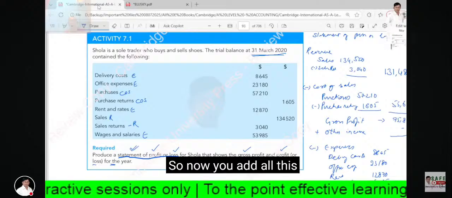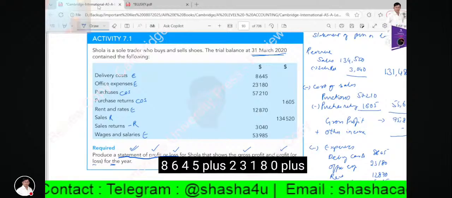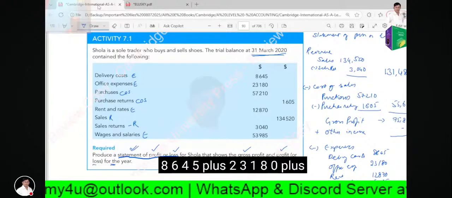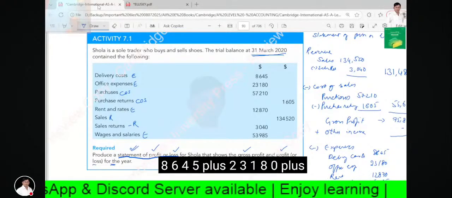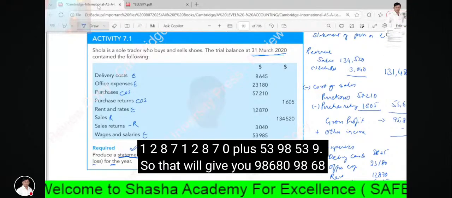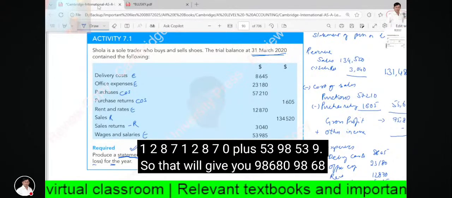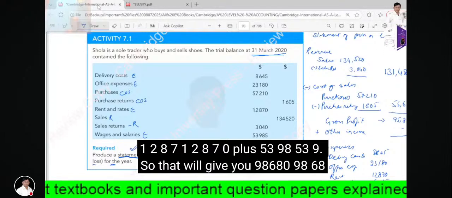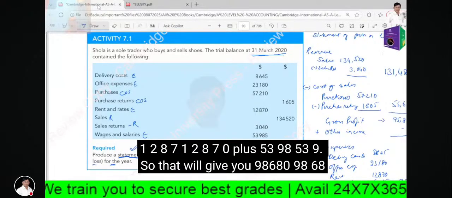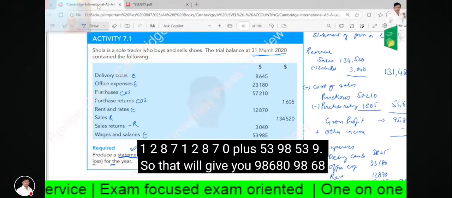So now you add all this. That will give you 98668.